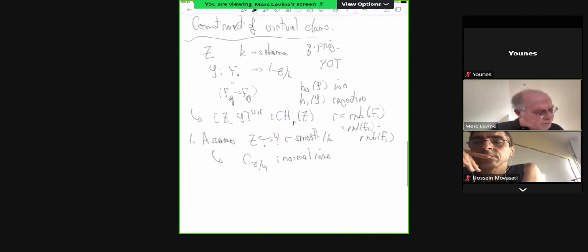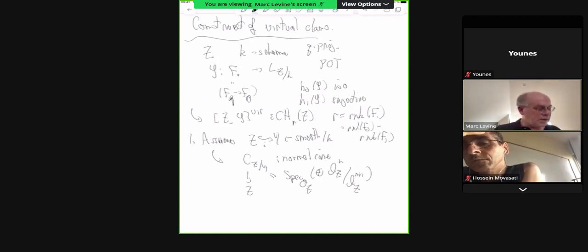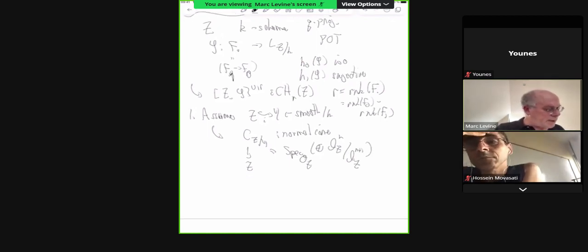So this is a cone over Z, and by definition it's just Spec over O_Z of the direct sum of the powers of the ideal sheaf modulo the next power, the ideal sheaf of Z.